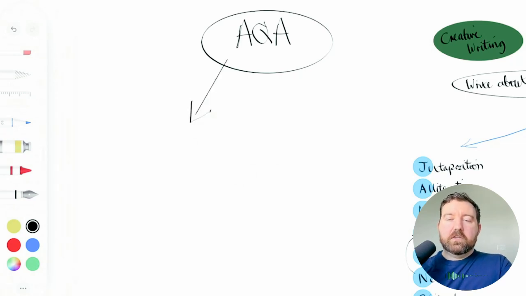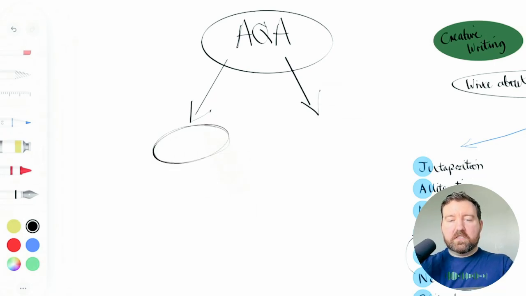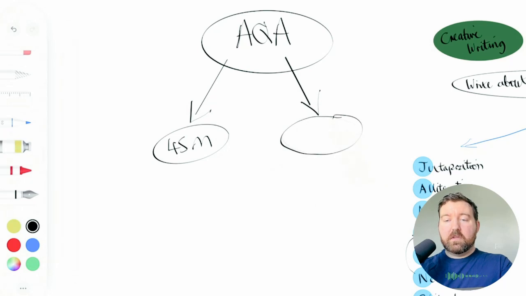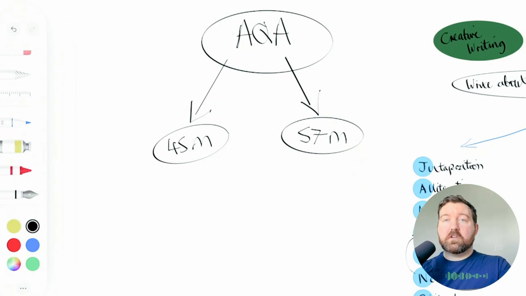We've got 2 scenarios for extra time students also, and make sure that they feel included from the very beginning. In terms of creative writing, you've got 45 minutes total if you are non-extra time, and you've got 57 minutes total if you are extra time. What I would do, I've been doing this and telling students to do this for about 15 years.